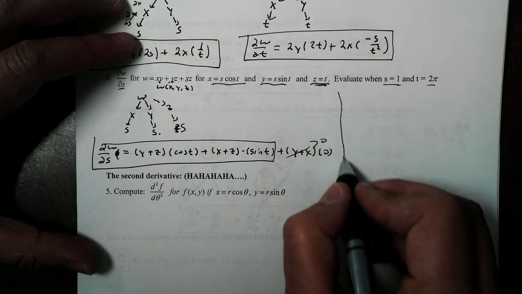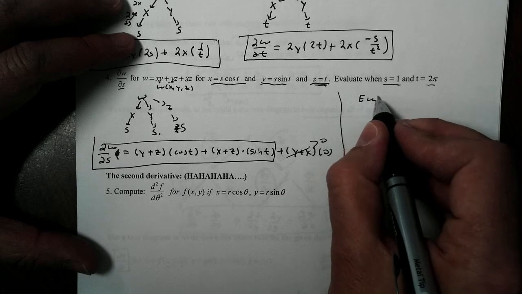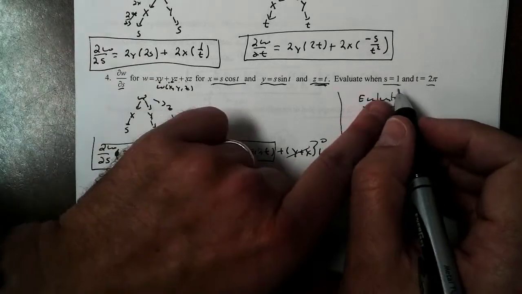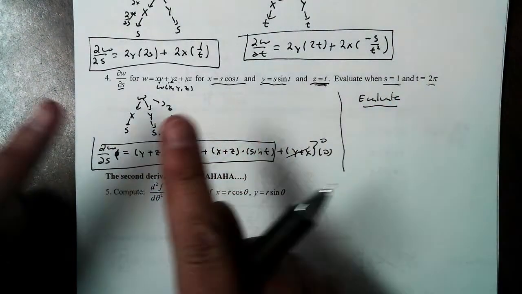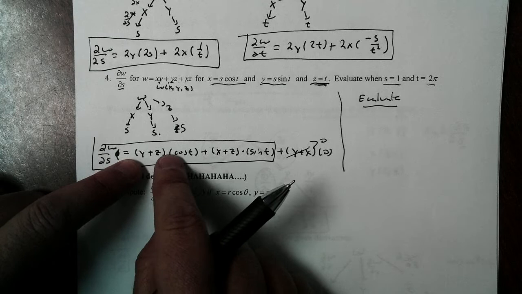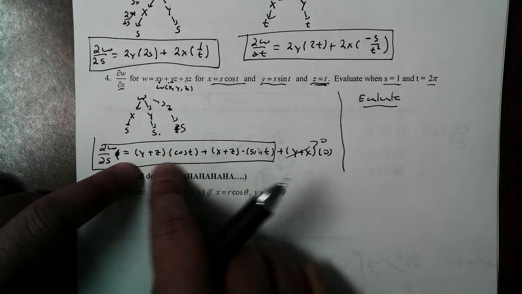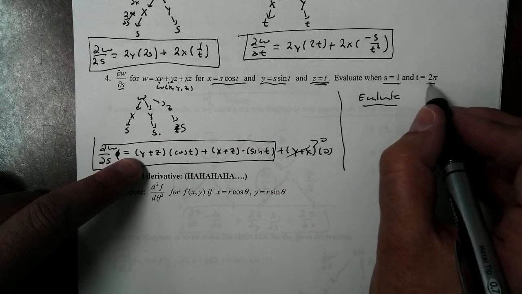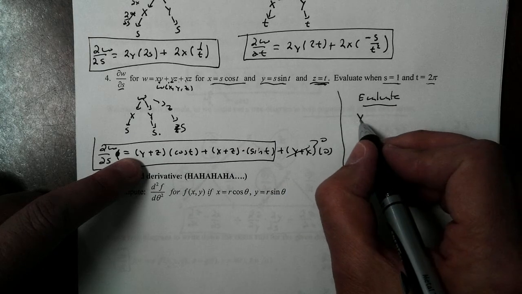Next, we do want to evaluate this one. Evaluate. When s is 1, t is 2 pi. So we have to put everything in terms of s and t. Sort of. But we don't have to replace these. We just have to solve for them. When s is 1, t is 2 pi. We can solve for y.